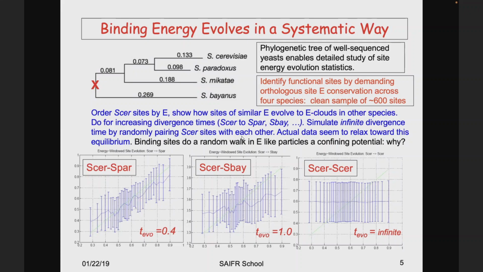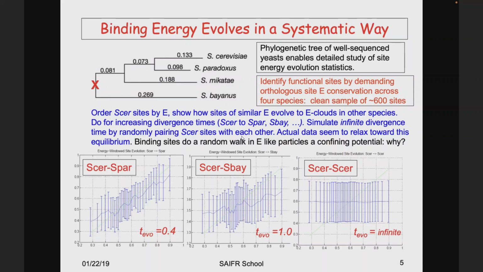And so Serrapilheira and Paradoxus are the closest to each other. The pair with the most ancient common ancestor is Serrapilheira and Paradoxus, and so on.